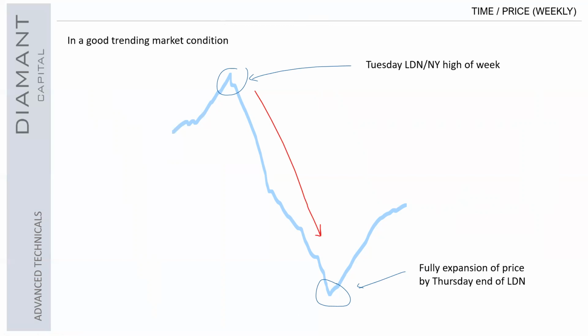Now, the thing with this, it's not a standard plan that you see every single week. It's something that you need to adapt to, but always keep this as a frame in your mind when you're about to trade and you're projecting where price may go. You've got to understand how price usually moves, where it moves to, and obviously how it moves.